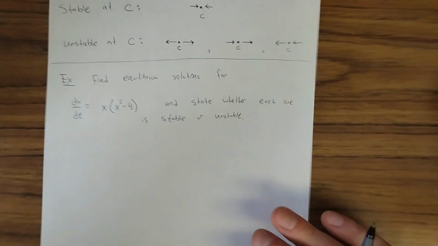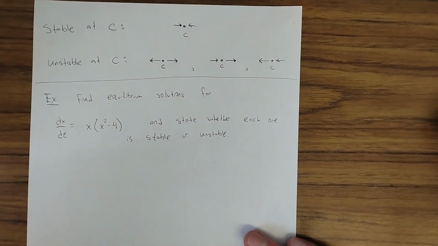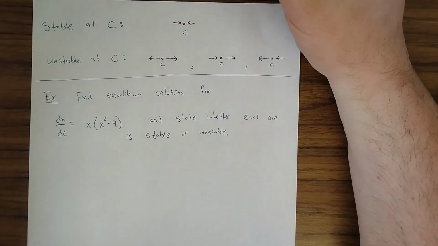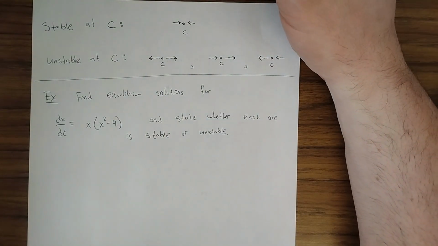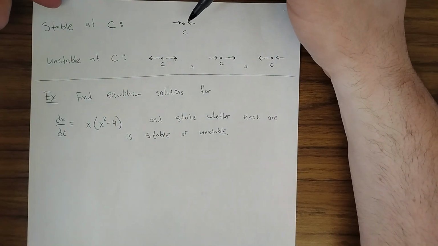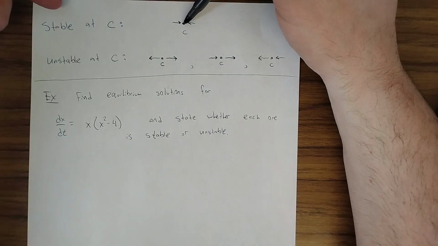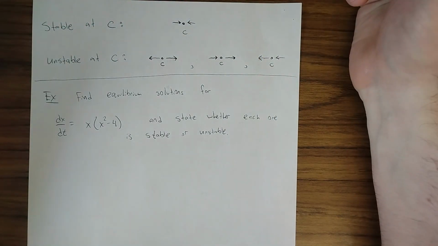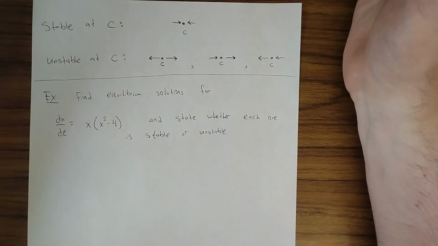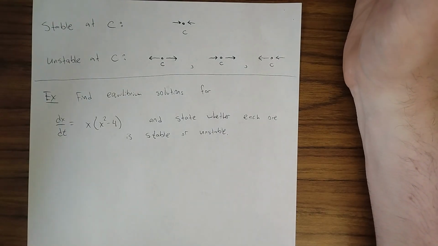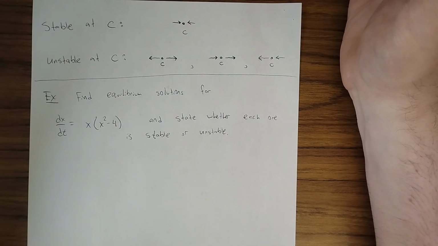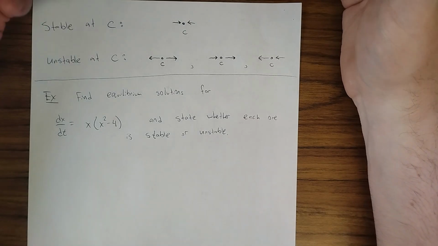So, how you can recognize a stable equilibrium or an unstable equilibrium is you look at the corresponding critical point c on the number line. And imagine that on your number line, these intervals are filled in with left arrows or right arrows, indicating that x is either increasing or decreasing when it's in that interval.